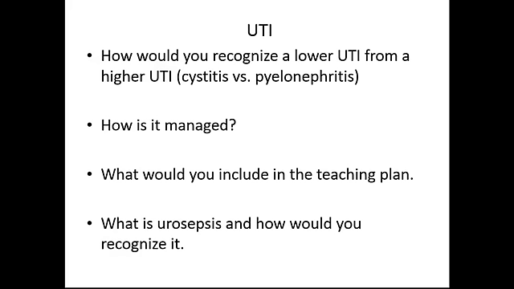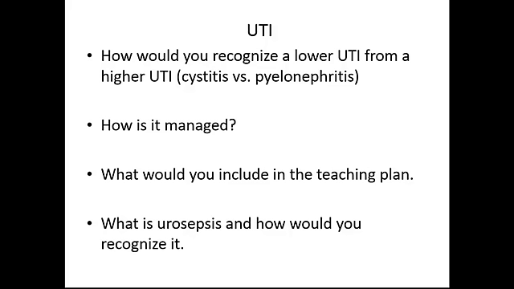Okay, the next section there is your UTI. A UTI, as you know, is an infection of the urinary tract, and it can be a lower UTI or a higher UTI. The higher UTI is also called an ascending UTI. So signs and symptoms are going to be similar for both, except we add a couple of them to the pyelonephritis. That's the higher UTI.